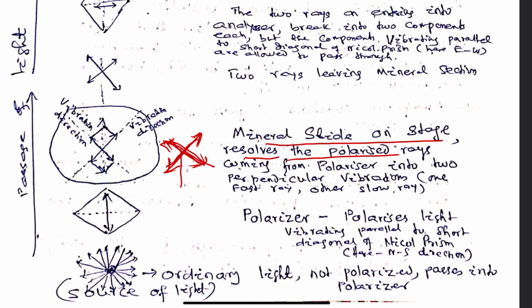These two refracted rays come up. One is the fast ray, the other is the slow ray. These two rays vibrate in mutually perpendicular planes and move up. Here the two rays are leaving the mineral on the stage, and now they are entering into the analyzer, which is called the upper nicol.